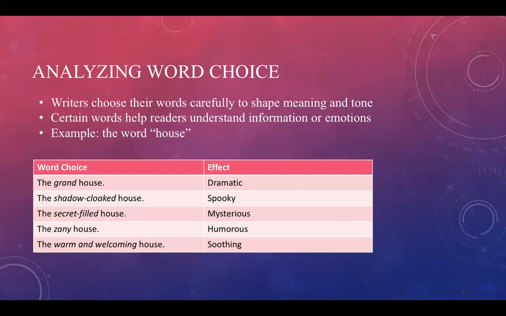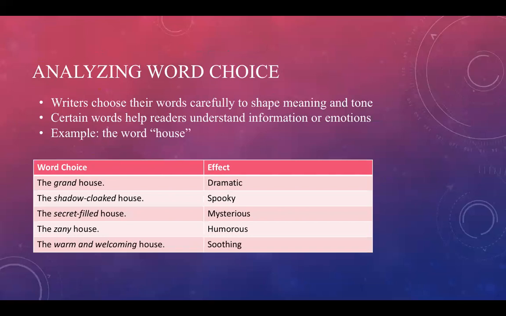The zany house, like whacked out, funny, hilarious, constantly in upheaval, and people laughing and having a good time. Everything's just crazy. And then the warm and welcoming house, I picture grandma's house, something soothing, something relaxing, calm colors, warm environment, smells.